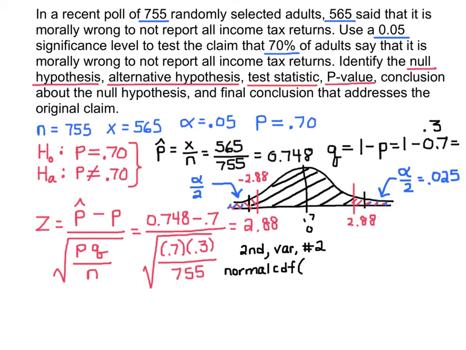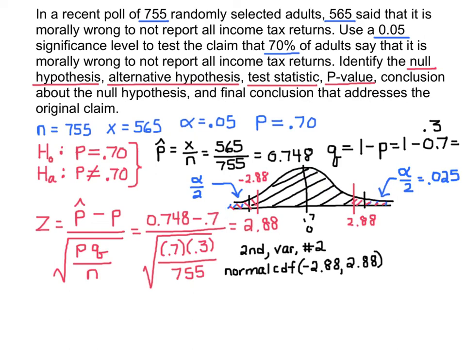So what I'm going to do is get the area from negative 2.88. Now actually I'm not looking for what's between negative 2.88 and 2.88, but the tails. This is going to give me what is between them. However, the entire area under the curve is 100%, or 1.